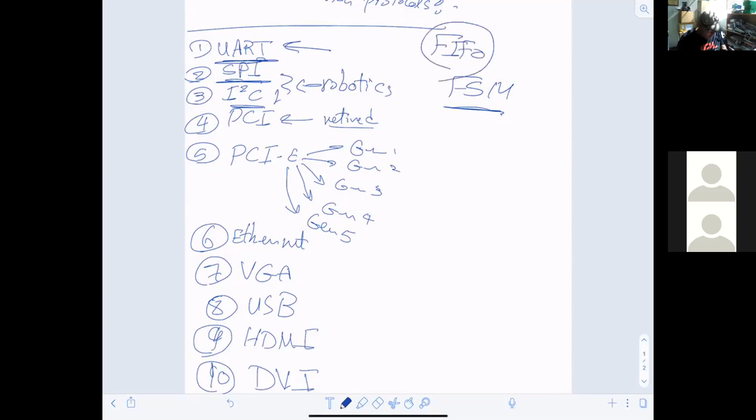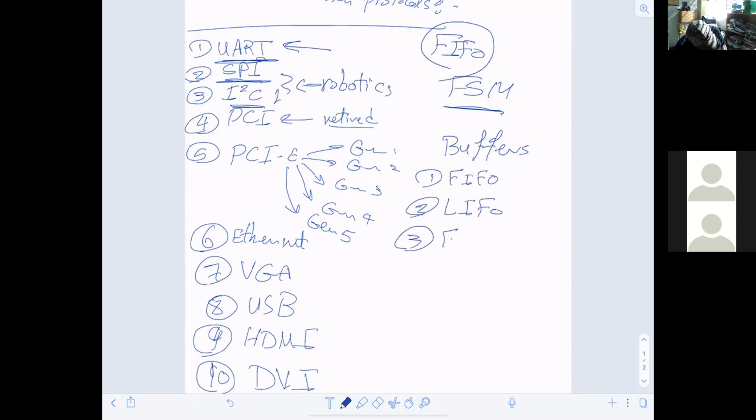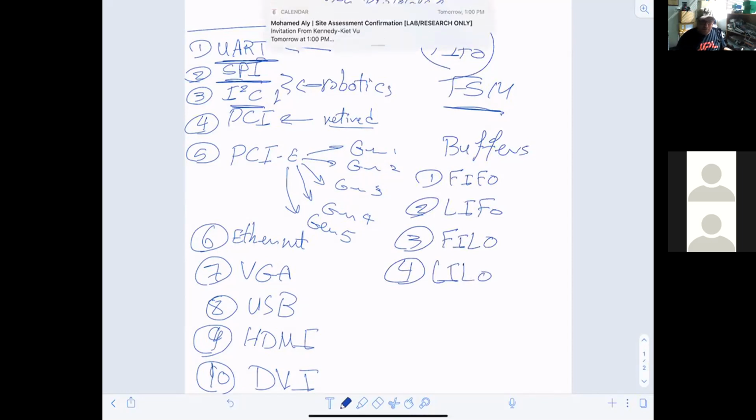So FIFO is not just one thing. FIFO is multiple things. So normally we learn here buffer. And for the buffer, we have FIFO, we have LIFO, and we have FILO. And of course, you have LILO, stuff like that. You know what I mean? That makes sense?